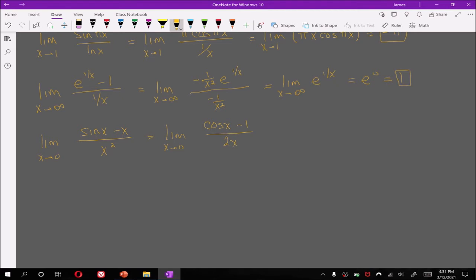Now at this point, we can factor out a 1/2. That leaves us with the limit as x approaches 0 of cosine of x minus 1 all over x. That is a special limit that was derived earlier. That limit is 0, so our limit is 0.